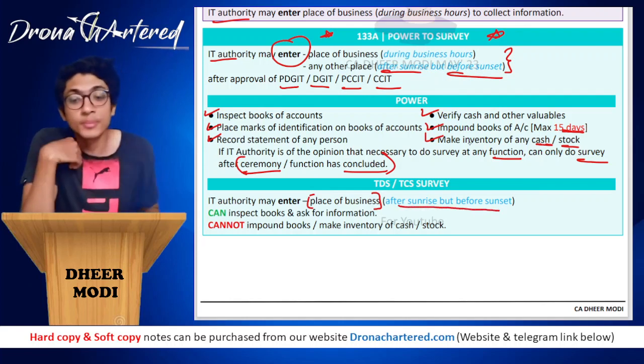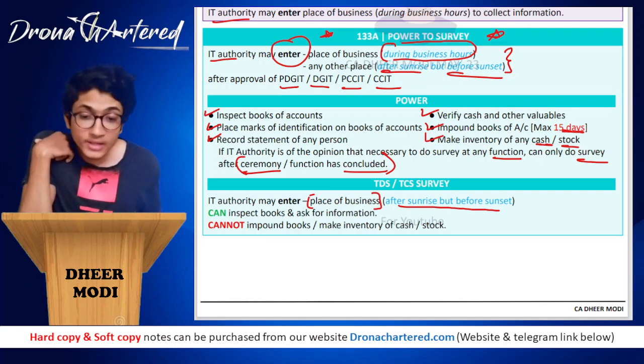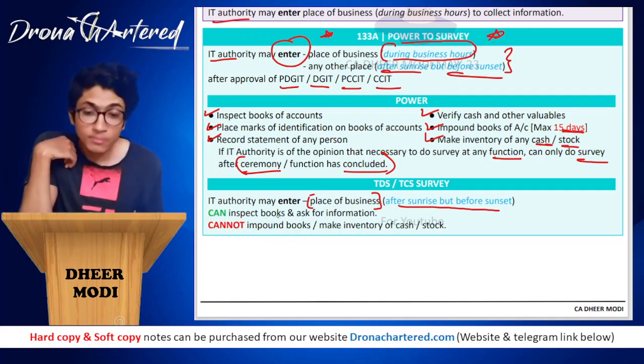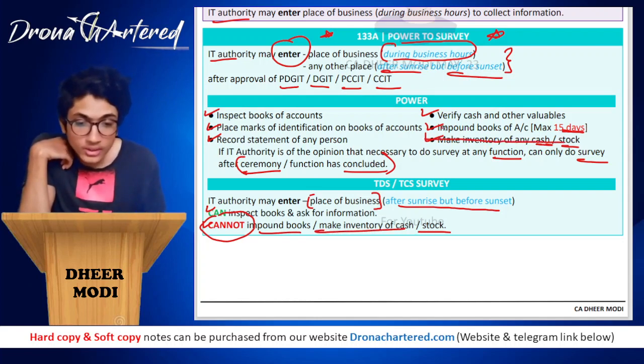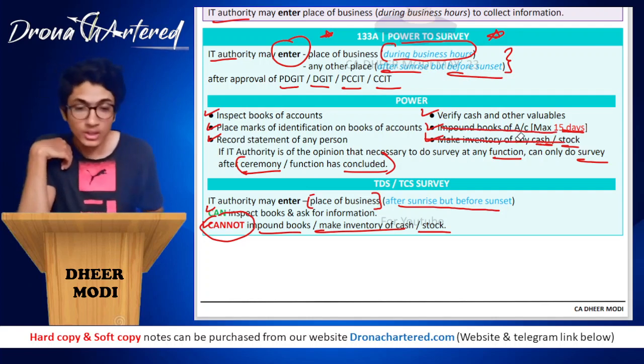Over there, for place of business, it was during business hours. So IT authority may enter place of business after sunrise but before sunset. Can inspect books and ask for information, but cannot impound books or make inventory of cash or stock. So that means this is not allowed under TDS TCS survey.